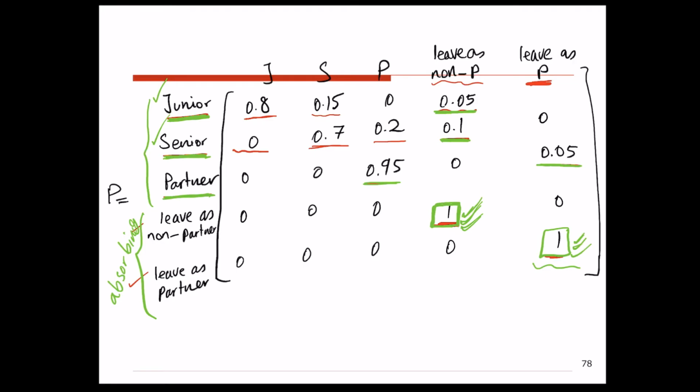Okay, so then the partner is a transient state too. So the first 3 states, all of them are transient. Obviously, the first 3 columns represent the transient states, and the last 2 columns represent the absorbing states.